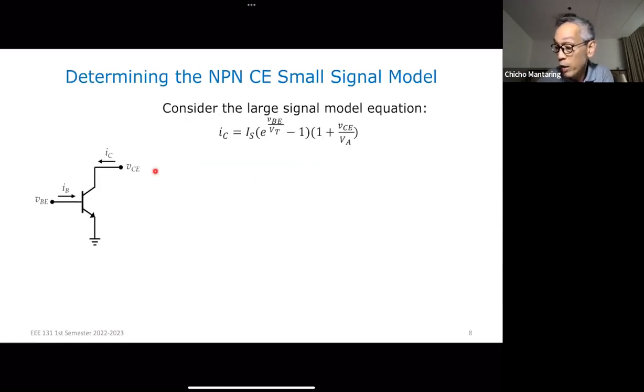Okay, so this is what I'm going to model. And ang magiging starting point ko is the large signal model. Okay, so here I still put here V capital B capital E. No, so I'm still assuming that these are large signal quantities that are connected to my transistor. This is my large signal model. Okay, so note that I sub C, my large signal collector current, is a function of my input, VBE, and my output, VCE.